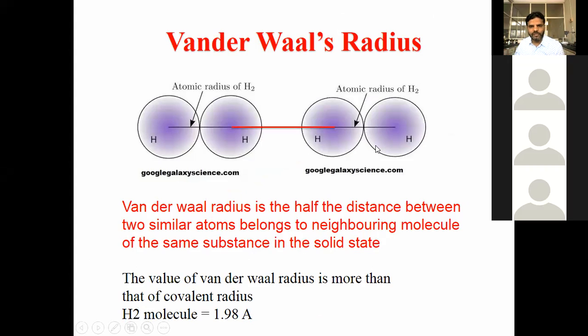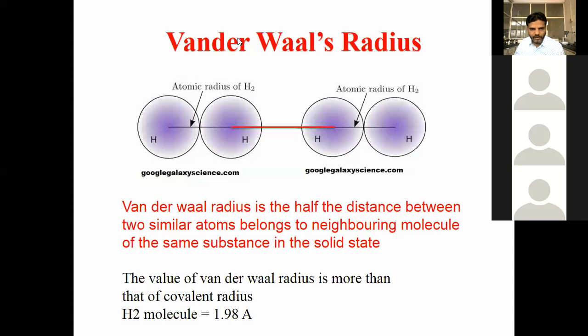What is the difference between this and covalent? This is also half the distance between two similar atoms, but here the two atoms are not bonded in the same molecule. They belong to two different molecules of the same substance.